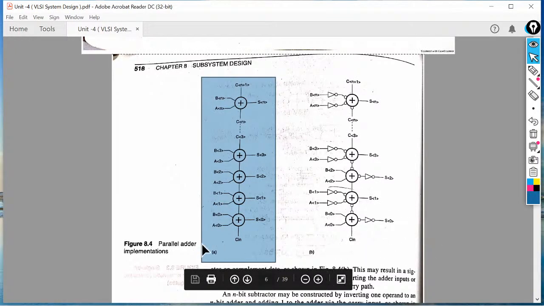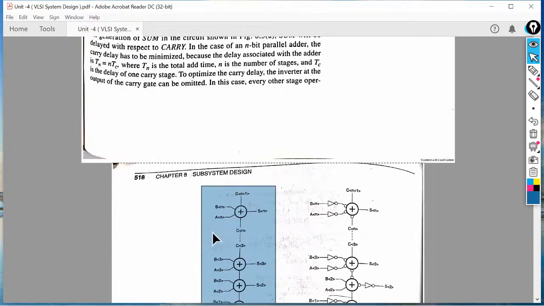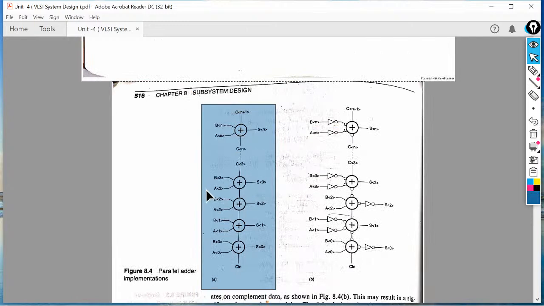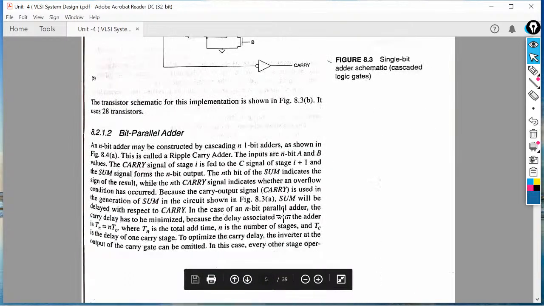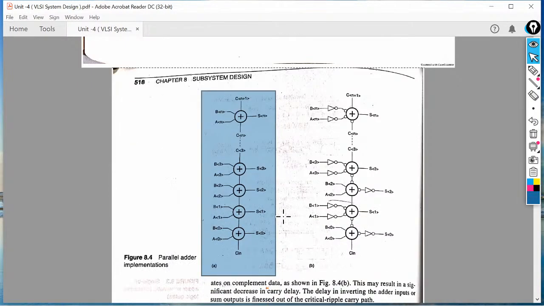In here you can see the below adder is used to add the LSB only, and later on the next one is used to add its neighbor bit, and the same for the others also. So when we use this parallel adder, all these bits are added parallelly, and you will get the sum faster than any serial adder.